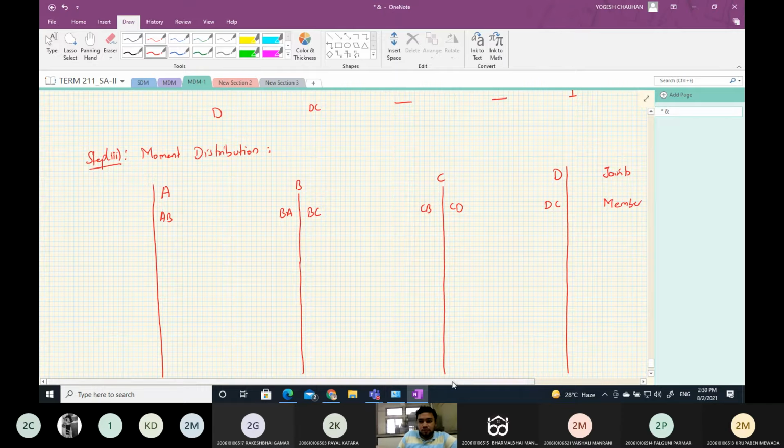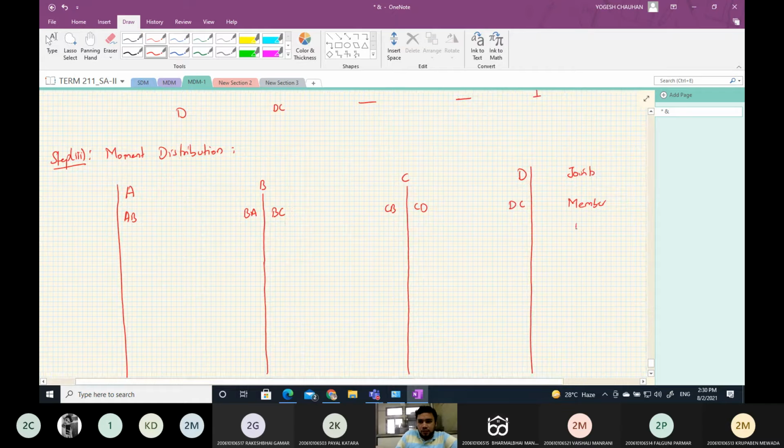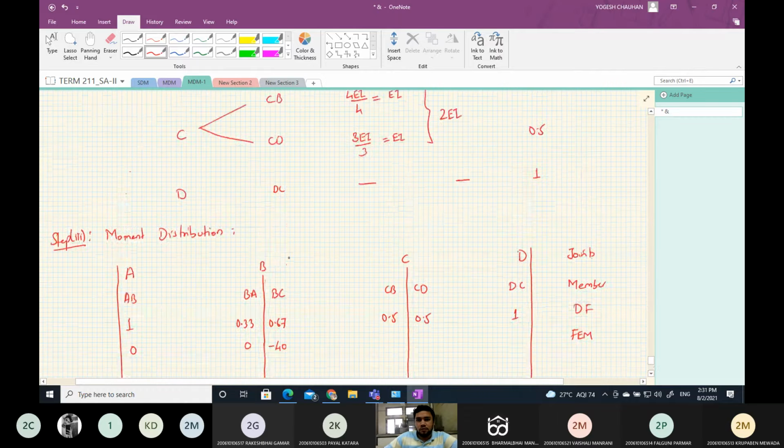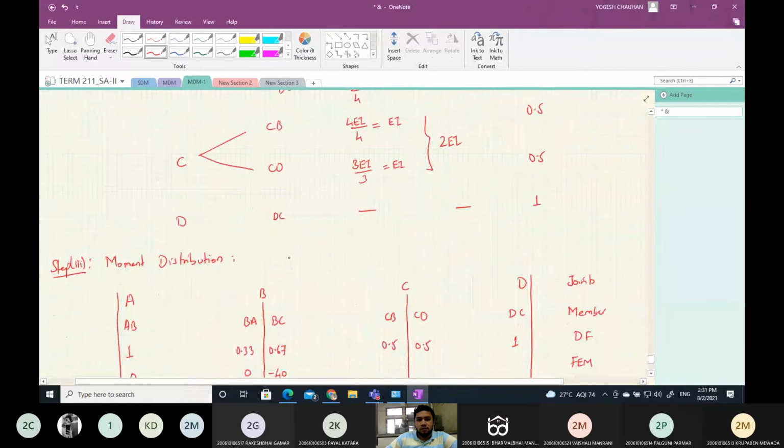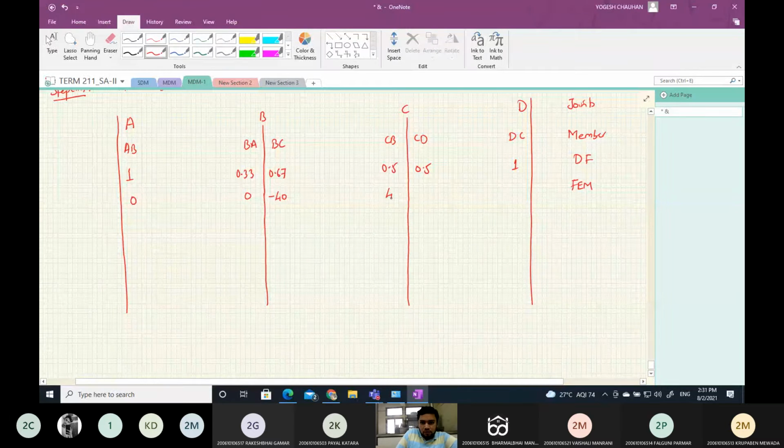These are the members. Then we write the distribution factors for this member. 1 here, 0.33, 0.67, 0.5, 0.5, 1. Then we write the fixed end moments. So 0 here, 0 here. The moment here is minus 40, and the moment here is 40, 0, 0.